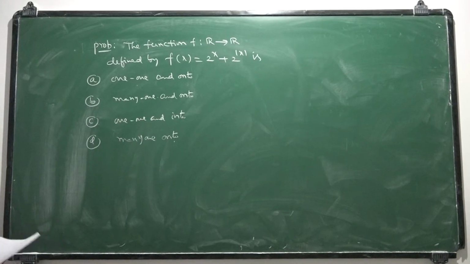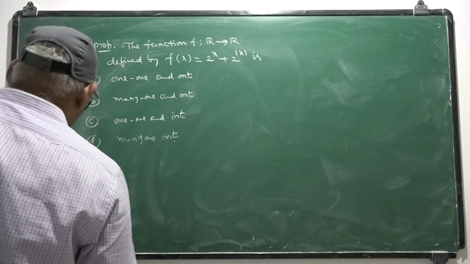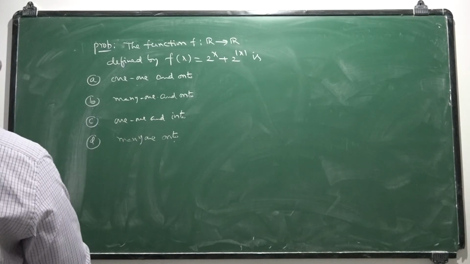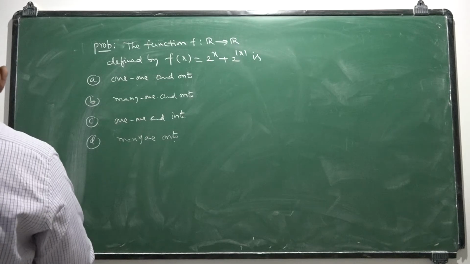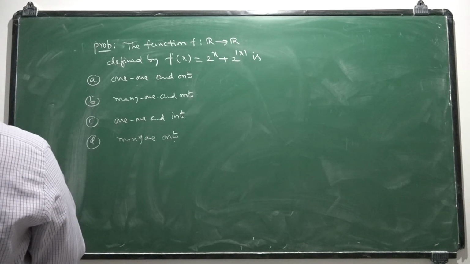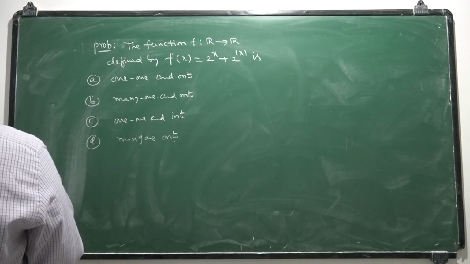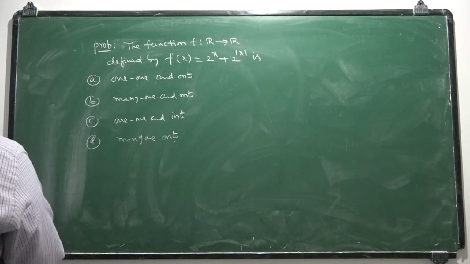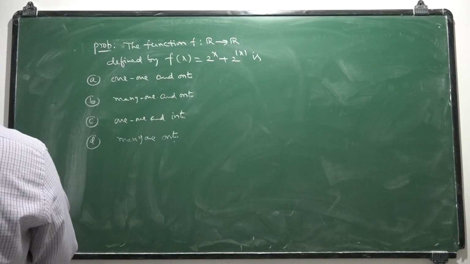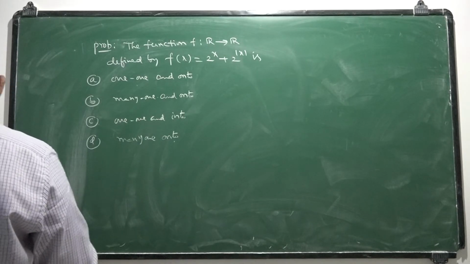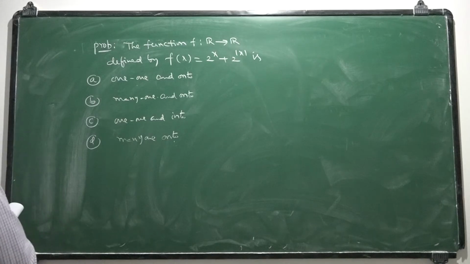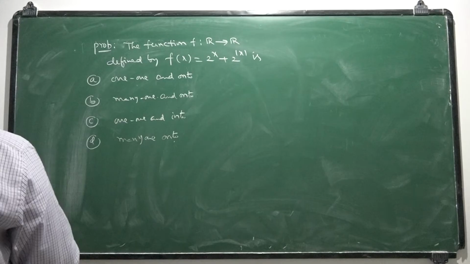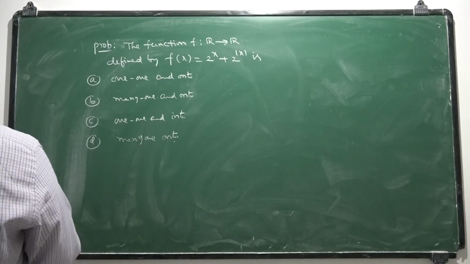f(x) is defined as 2 power x plus 2 power minus x, or 2 power x minus 2 power minus x, for x negative.